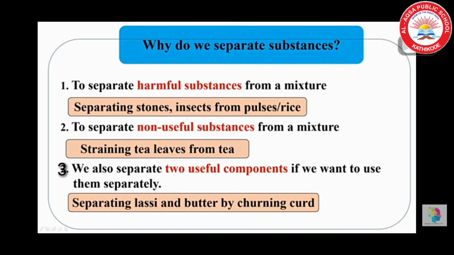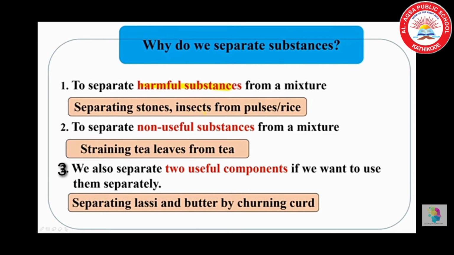So can I ask one question? Why do we separate substances? We have discussed many examples. So mainly three reasons are there. The first one, to separate harmful substances from a mixture.